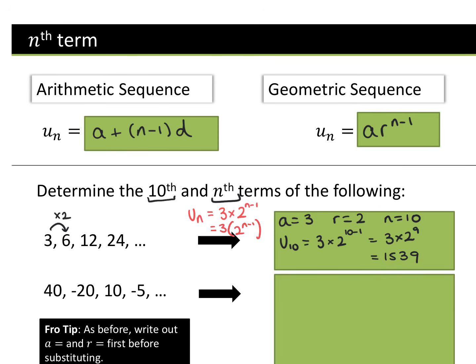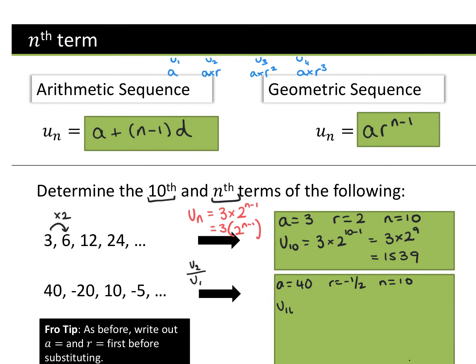Can you do this for the second one, please? Okay, then, so for this one, my starting term is 40. It's not really clear to me what my ratio is right now, but what I do know, to find my common ratio, is I can pick a term and divide it by the term before. So, minus 20 divided by 40 is negative a half. And then my n is 10.